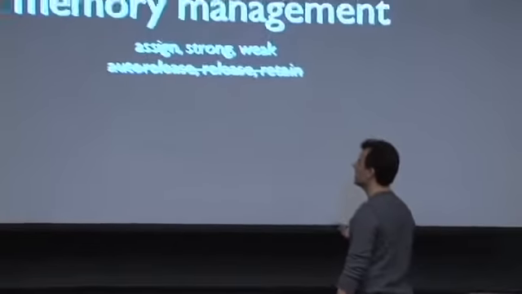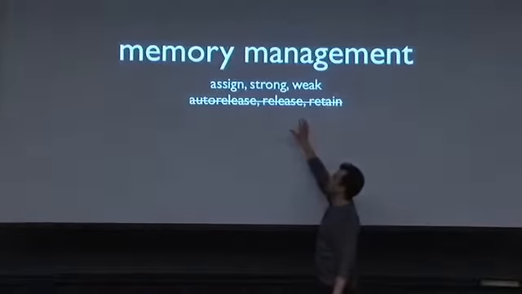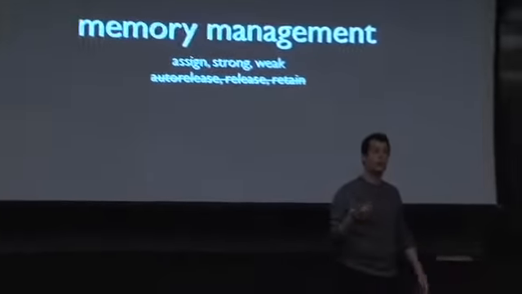So as of last June and prior, human developers would have to do all of this reference counting themselves. Anytime you call alloc or copy, or a couple of other methods, you would get an object back that has a reference count of 1. But anytime you wanted to make sure that that pointer stayed around, for instance, after a method that you wrote returned, you would have to manually call a method called retain on it.